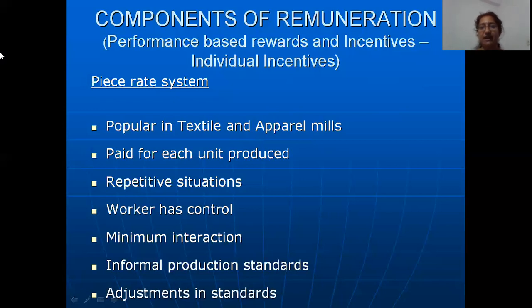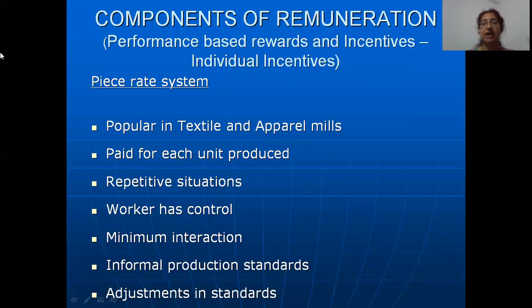So calculation will become a problem. However, if all the shoes he's producing are of the same color, same material, same design, it will be easy to calculate his output and how much cash he has to pay that worker. So this is how a piece rate system can be implemented.